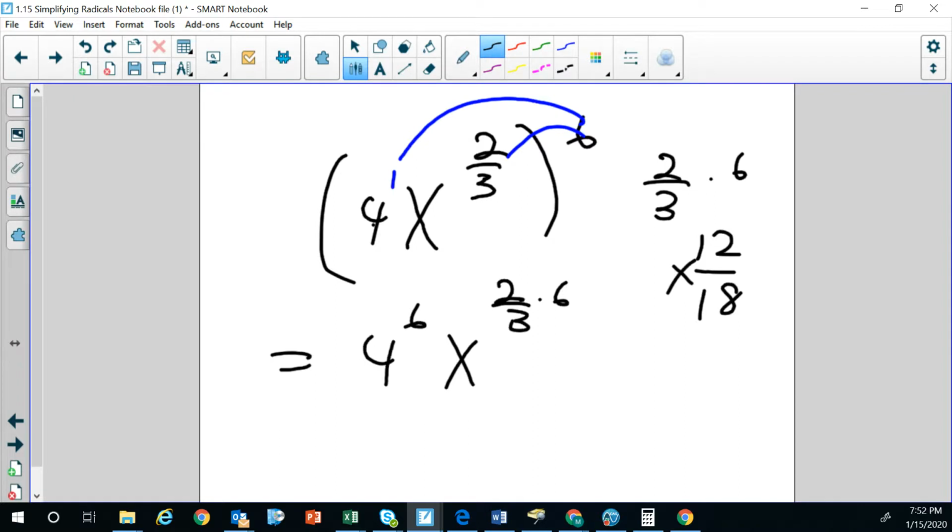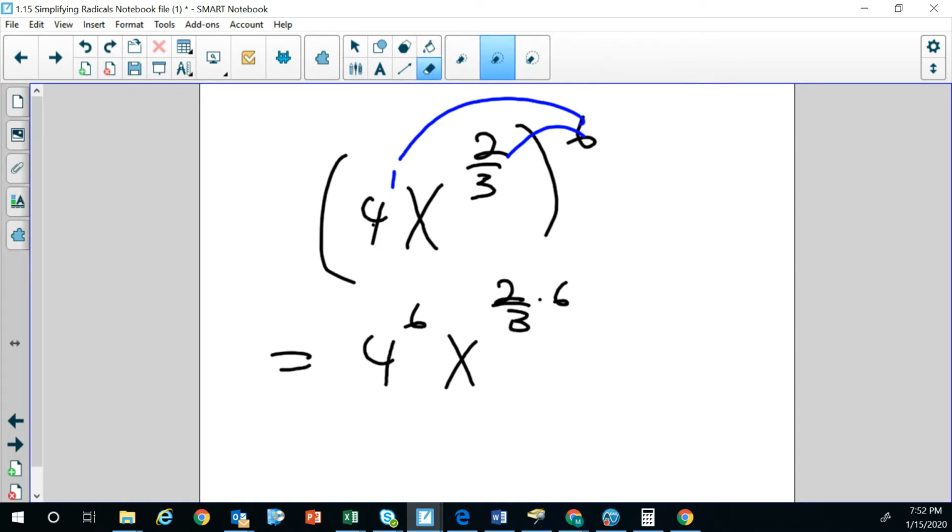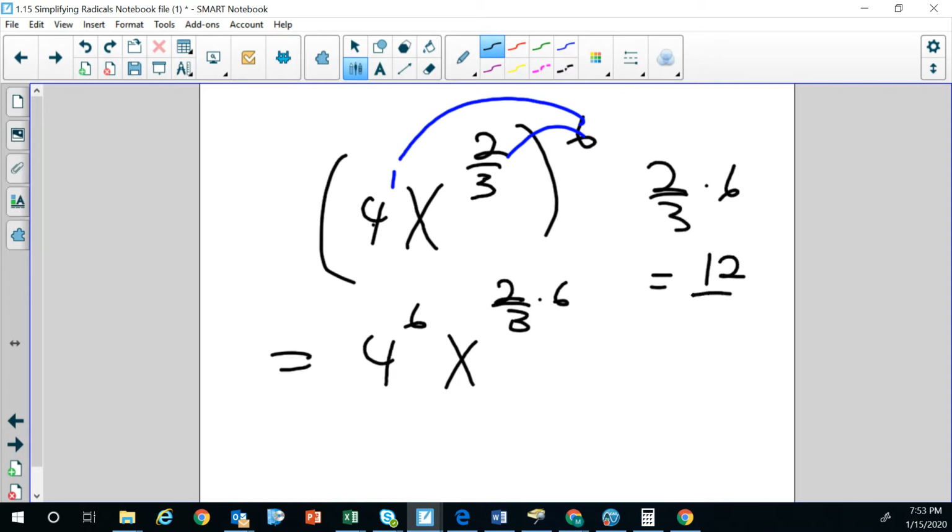This is wrong. You don't say 6 times 12 over 6 times 18. That is incorrect. So let me erase that for a second. So 2/3 times 6 is equal to 12 over 3. 2 times 6 is 12 divided by 3, and that gives me 4.